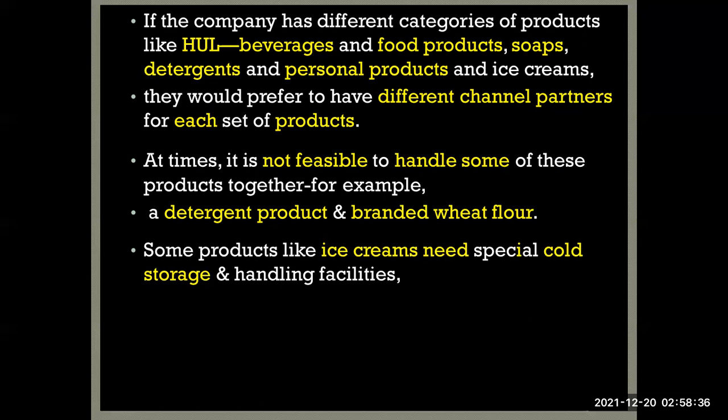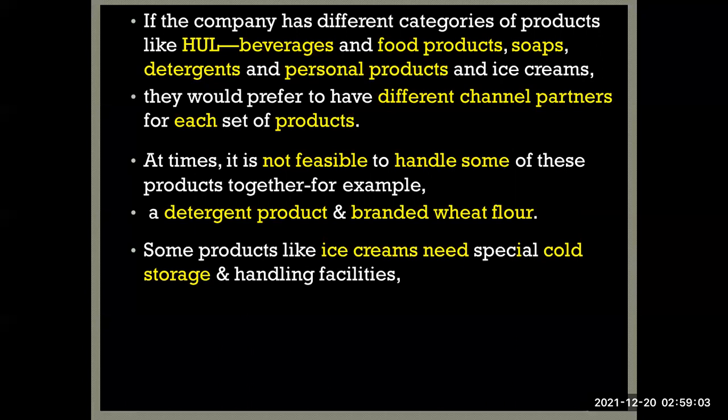If the company has different categories of products, like HUL, with beverages, food products, soaps, detergents, personal products and ice creams, they would prefer to have different channel partners for each set of products. These are totally different categories.